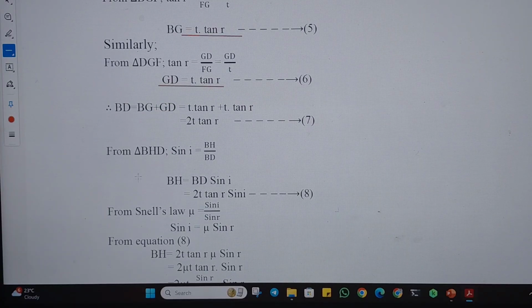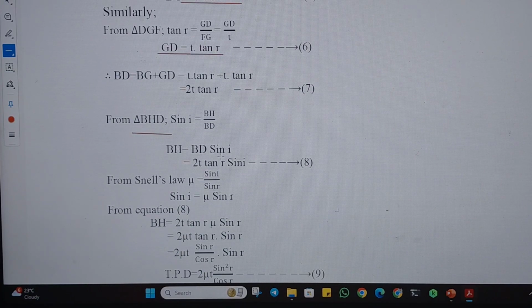Then again, triangle BHD. In the right angle triangle, sin I equals BH by BD. We already know the BH value, that is BH equal to BD sin I, which is 2T tan R sin I. So what is Snell's law here?